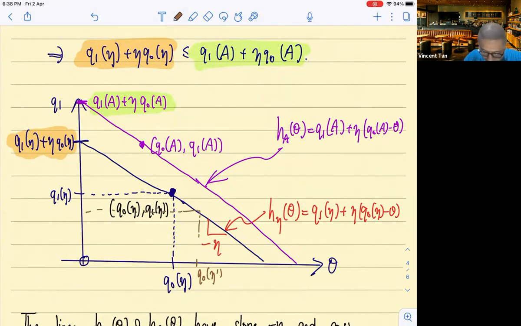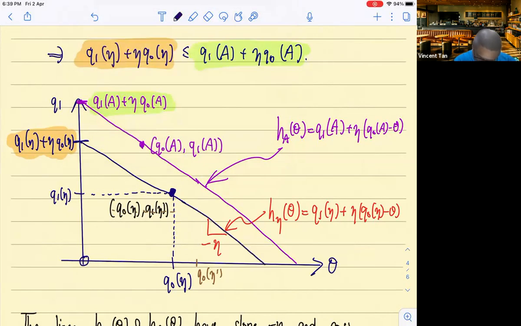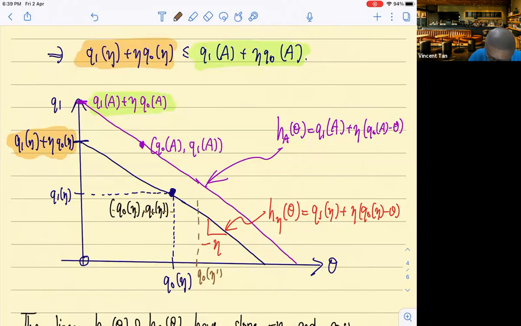Okay, let's remove this. Now I'm going to draw something else, but this must be drawn properly in order to illustrate the fact. So now I'm changing my eta, as you can see here. I'm not going to clutter this plot. So this is going to be my Q1 eta prime.